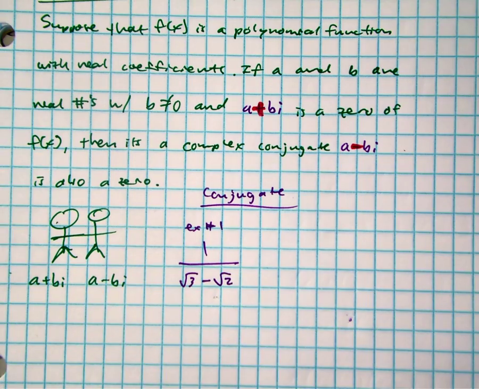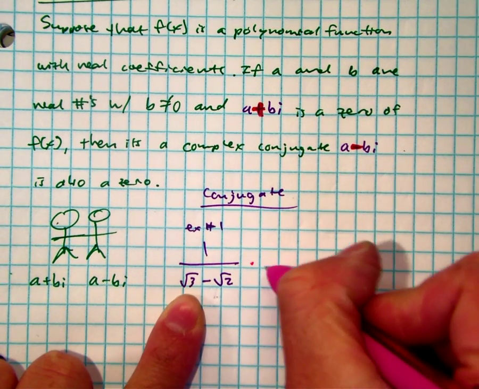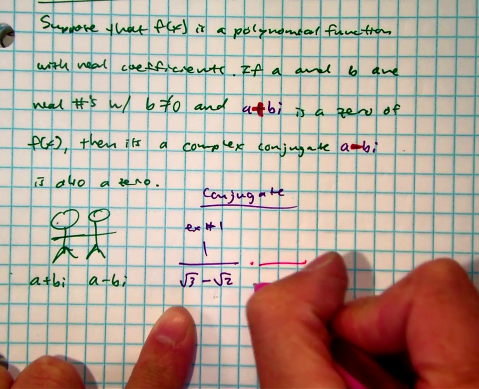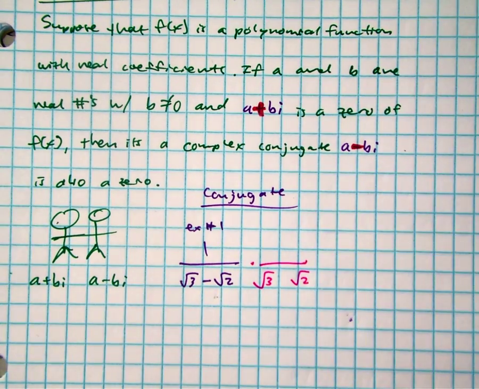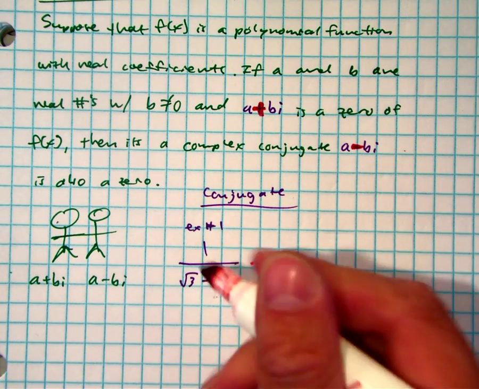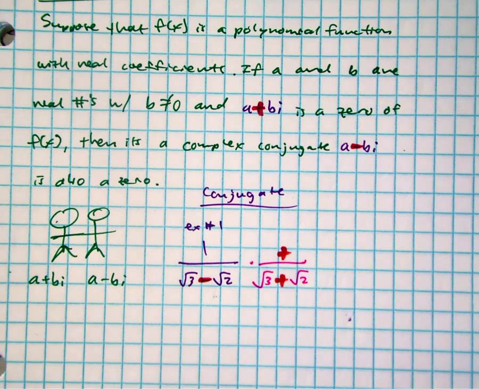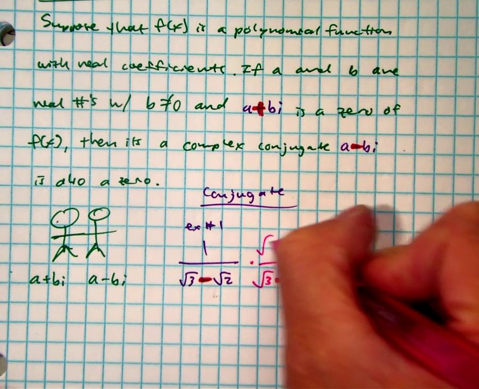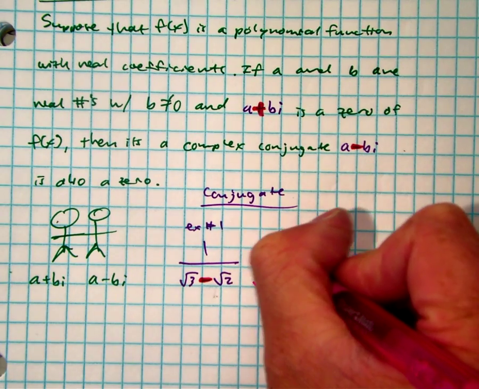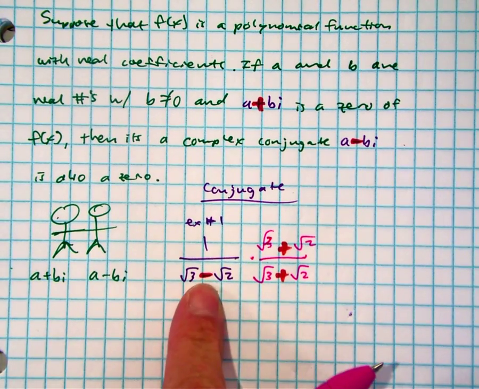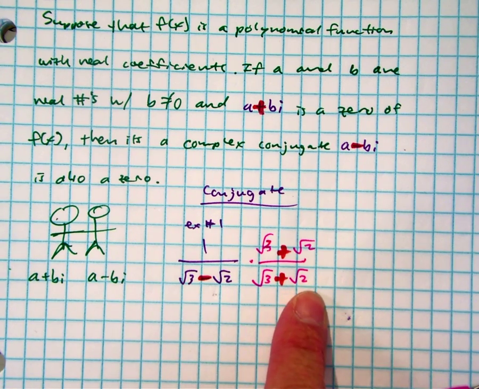In order to get rid of that, you have to multiply by its conjugate. So you basically take whatever is in the denominator and repeat it. Everyone say repeat it. And the only thing that's going to change is the math operation. So the conjugate of radical 3 minus radical 2 is just radical 3 plus radical 2.